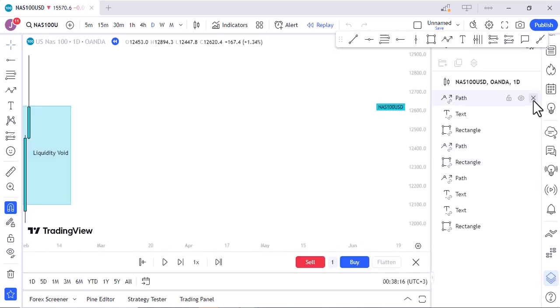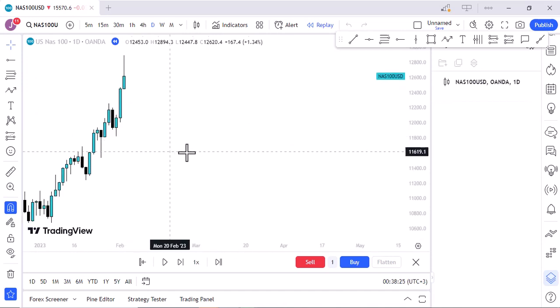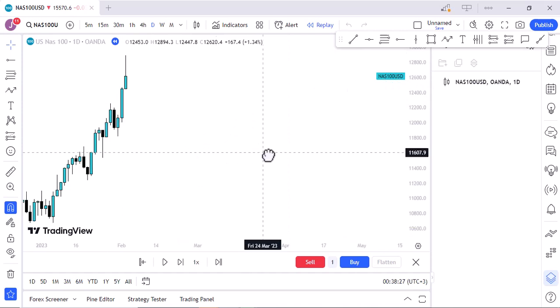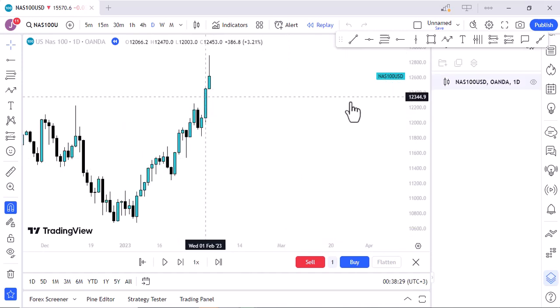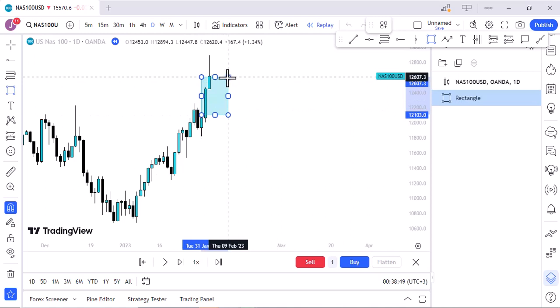Right, just a sec. I erased my artwork anyway, that's fine. So let's say we are right here in the market right now. This just happened, maybe the previous days, and the market just closed, and you are waiting for a new candle to form. So this would be our liquidity void right here, and we take that all the way to the high.